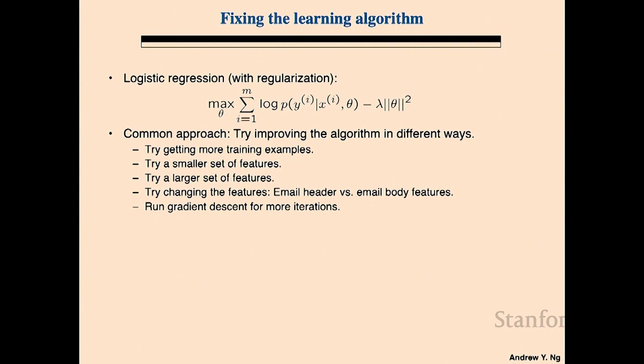That never hurts, right? Usually. Instead of gradient descent, let's switch to Newton's method. Or let's try a different value for lambda. Or we say, forget about Bayesian logistic regression or regularized logistic regression. Let's use a totally different algorithm, like an SVM or a neural network or something, right?